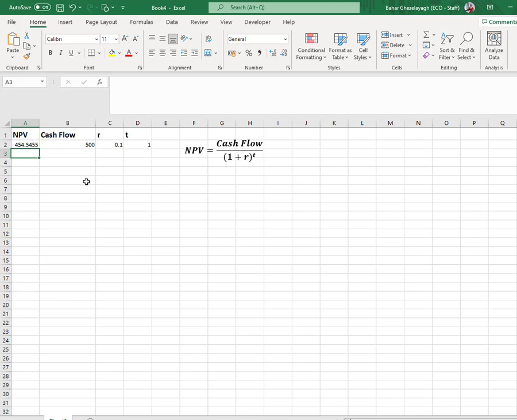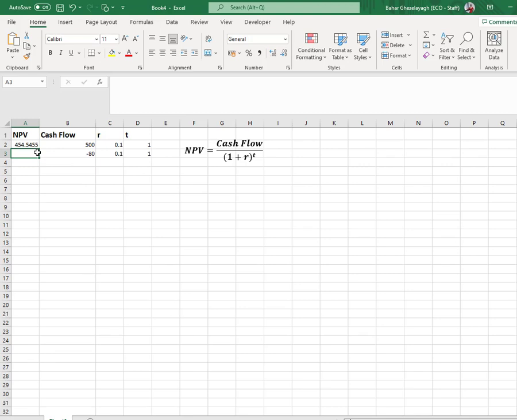Maybe look at the soil erosion. So the soil erosion, the cash flow is minus 80. If the discount rate is 0.1, for period 2 time is 1.